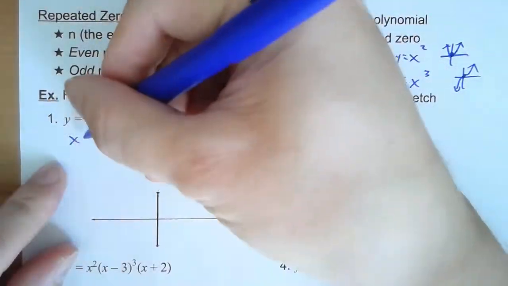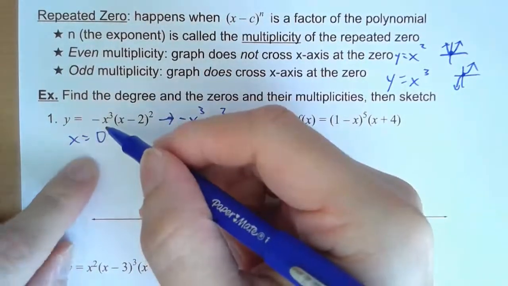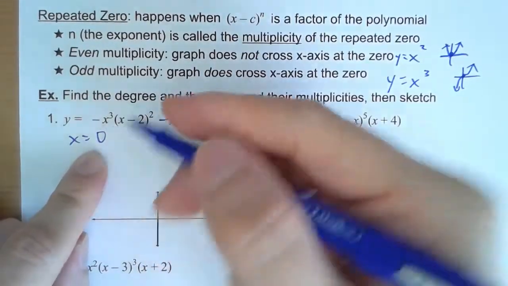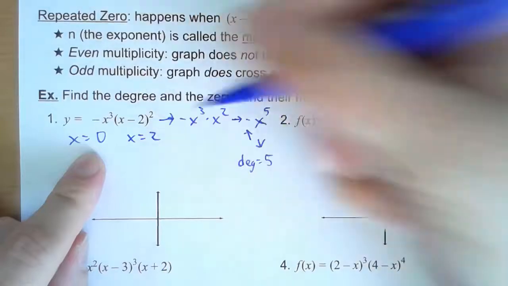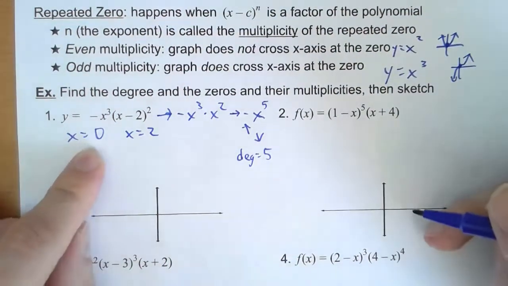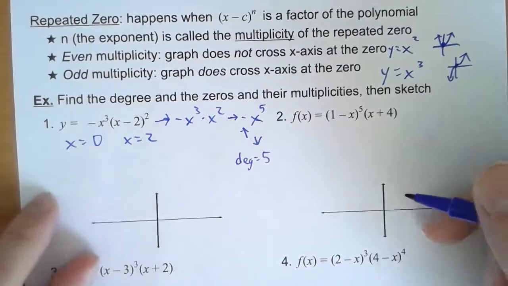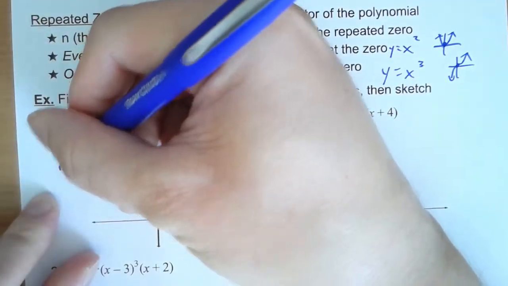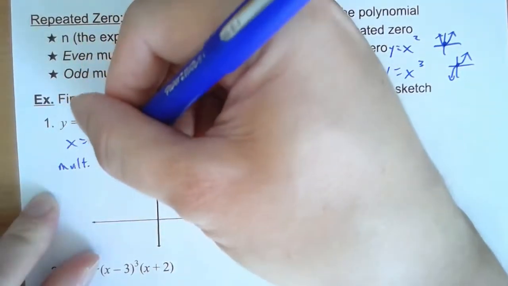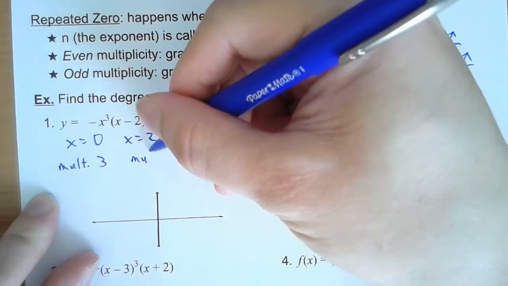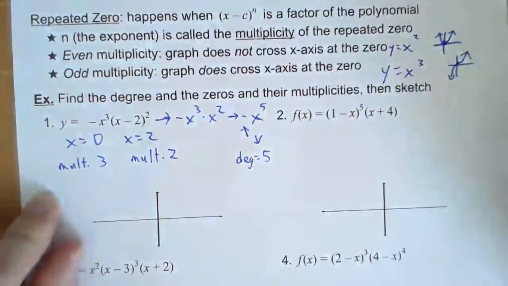All right, and so then we've got x equals 0, right here is our 0. And then x equals 2 right here. And we want their multiplicities. The multiplicity is just the exponent on the factor. So this one is multiplicity 3, and this one is multiplicity 2.